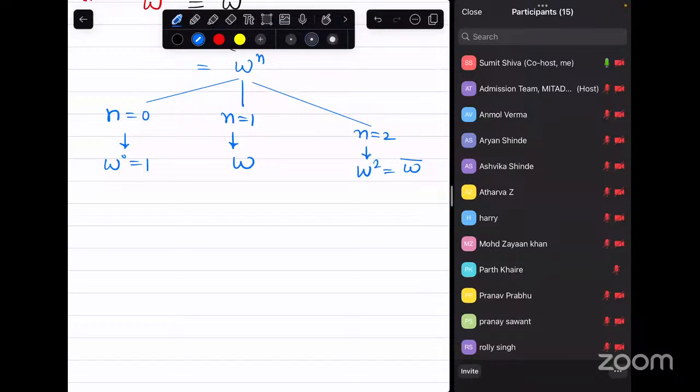So the same as dealing with power of iota, you have to do the same in power of omega. If you have a higher power of omega, just divide this power by 3 and look for the remainder. We need not concentrate on what the quotient is. In the division process, we are interested only in the remainder. Understood?